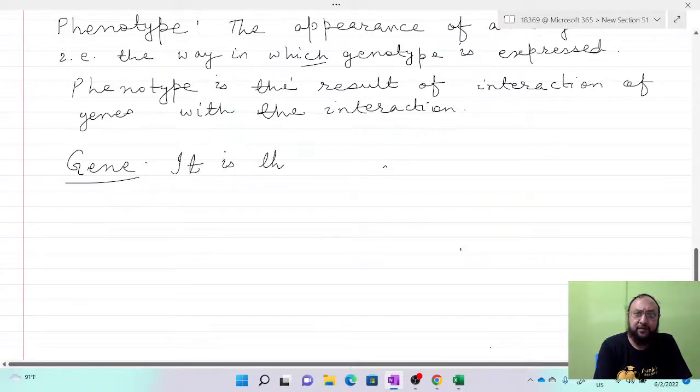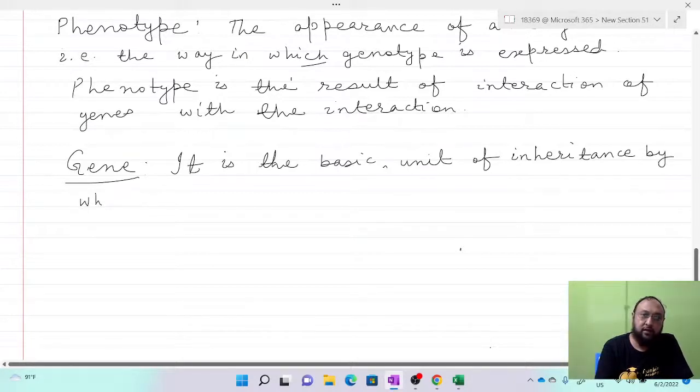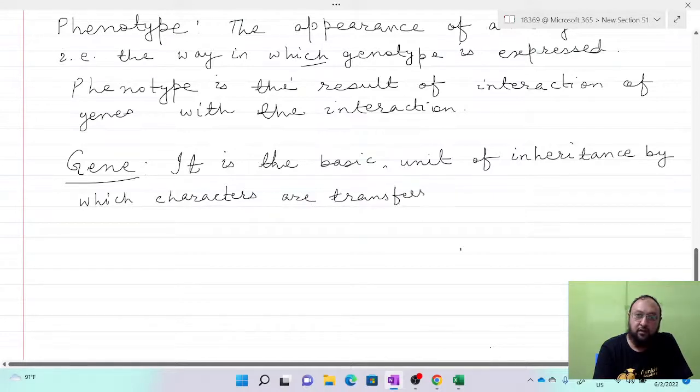It is the basic unit of inheritance, by which characters are transferred from parents to their offspring.